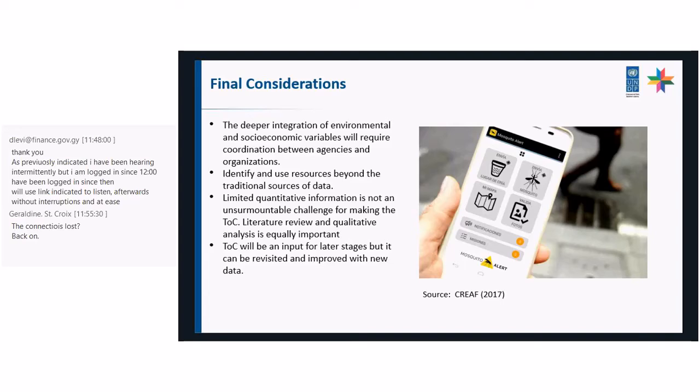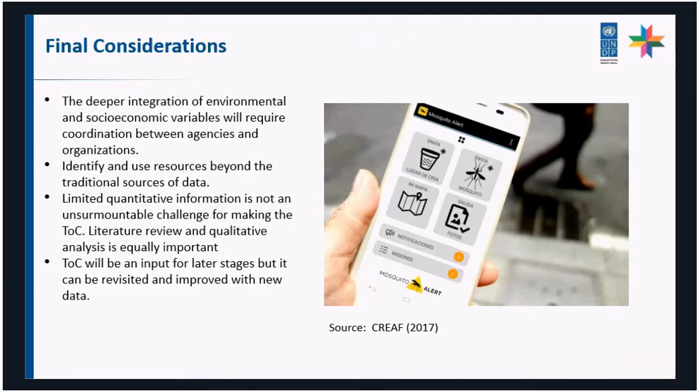So finally, the integration of environmental data and socioeconomic data will require a significant amount of coordination between agencies. Depending on the approach that you take, it might be easier or harder. For example, if you are trying to do the integration at a household level, you have a spatial coordinate system for some variables, but the census data or survey data doesn't have this type of system.